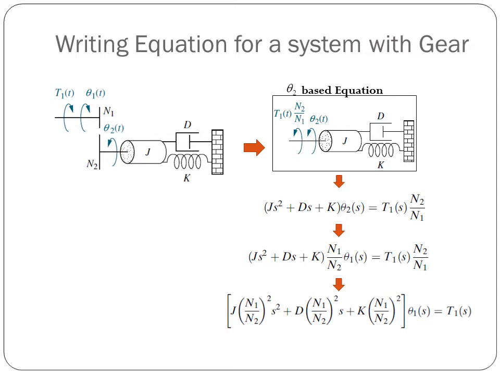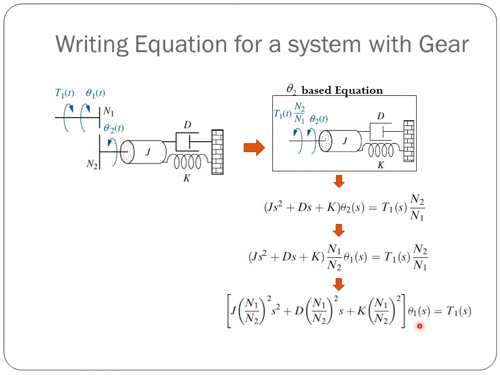Do you remember a little while ago we asked, can we write the equation using theta 1 and T1? We said we cannot, because there is no mass or inertia, no viscous damper, no spring here. Now we get exactly the same thing here.